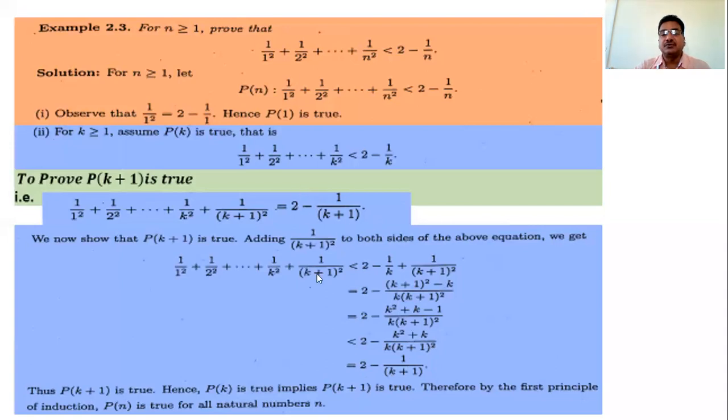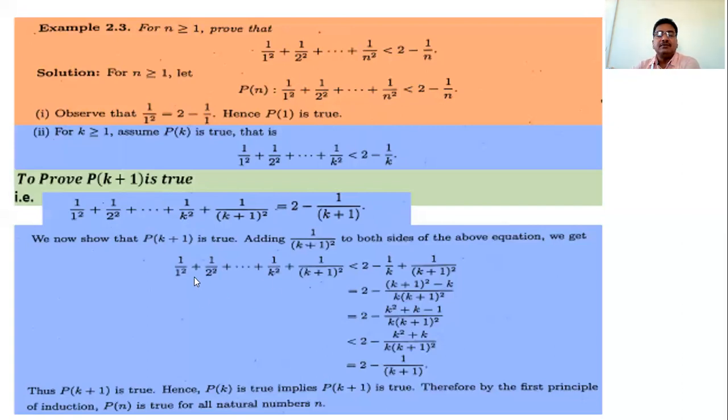And therefore what do we have? This is less than. Here is the sign less than or equal to. Don't write the equal to sign here. What do we have to show? If we substitute n equal to k plus 1, then this is the LHS, and what is the RHS? 2 minus 1 by k plus 1, and the sign is less than or equal.